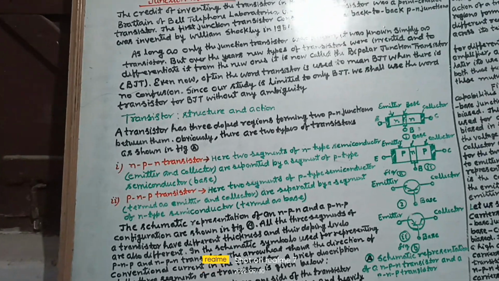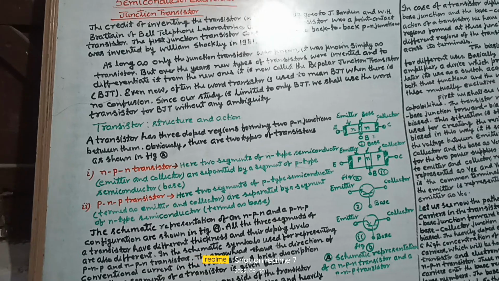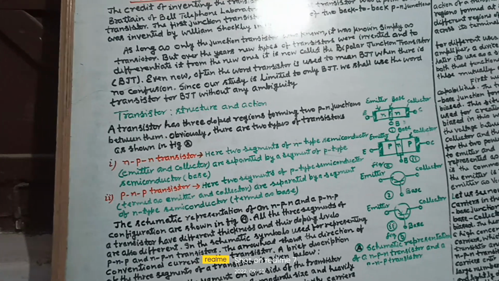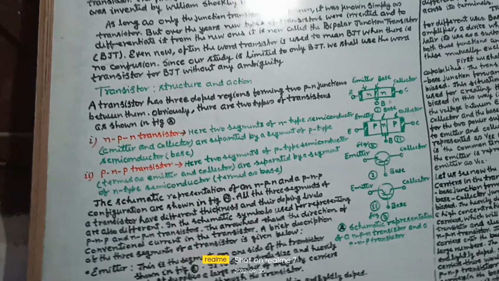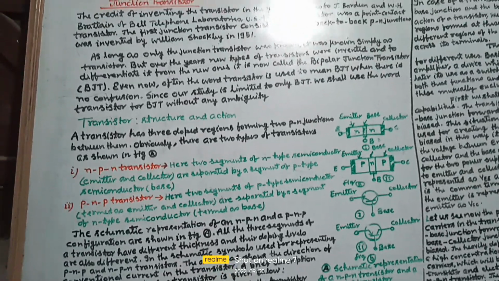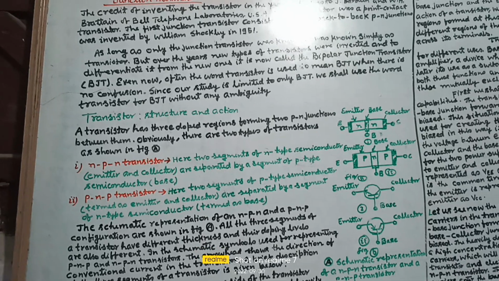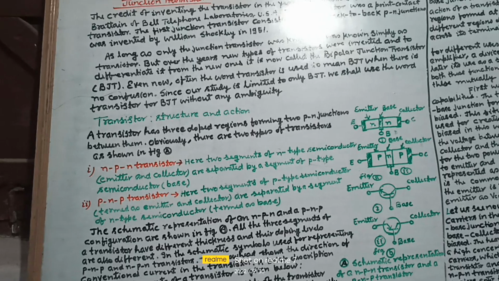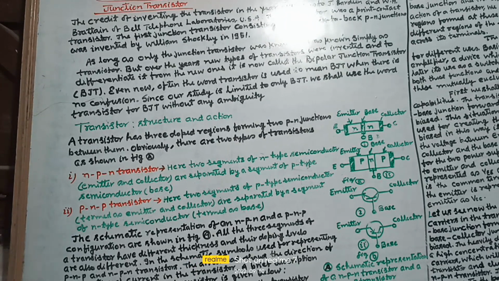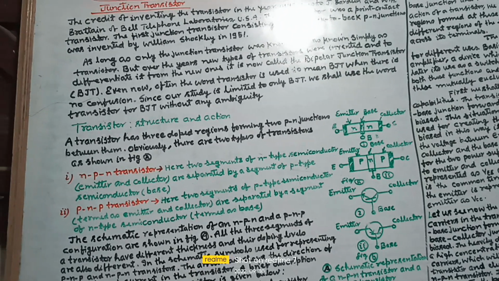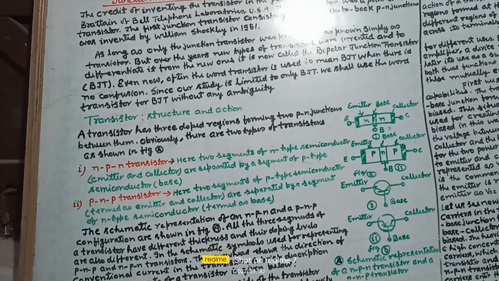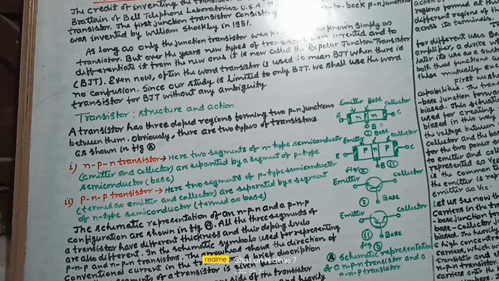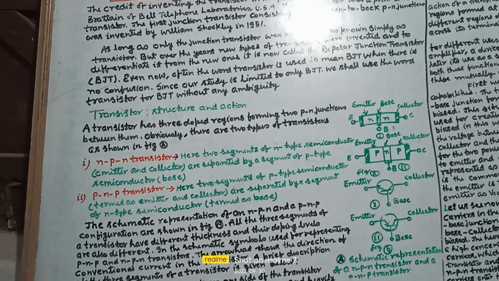Transistor structure and action. A transistor has three doped regions forming two PN junctions between them. Obviously, there are two types of transistors as shown in figure A. NPN transistor first. Here the two segments of N-type semiconductor, emitter and collector, are separated by a segment of P-type semiconductor, base.